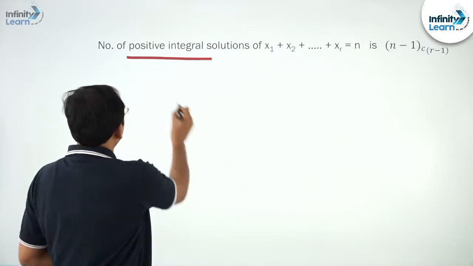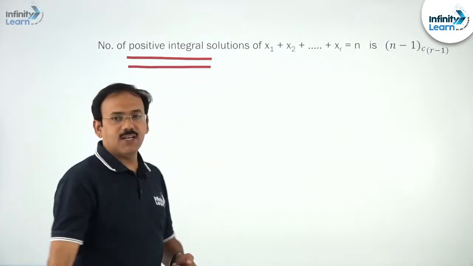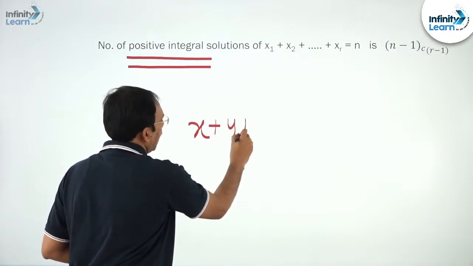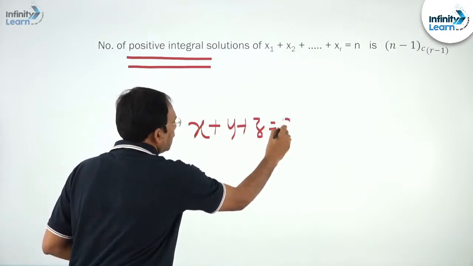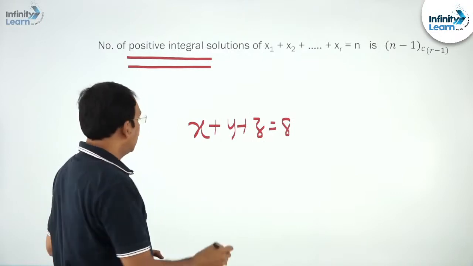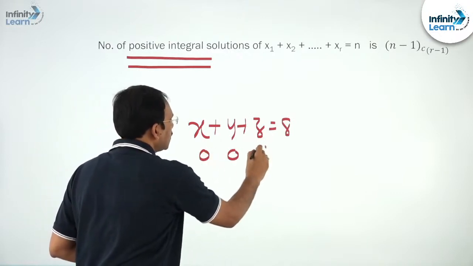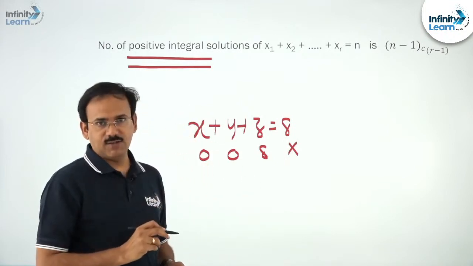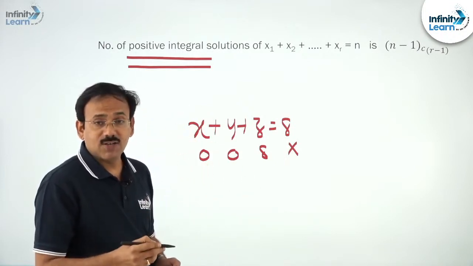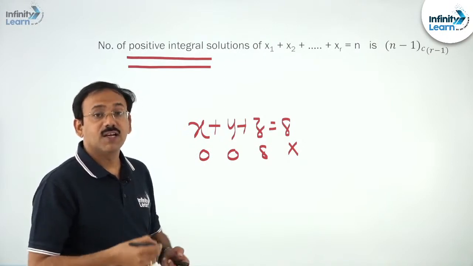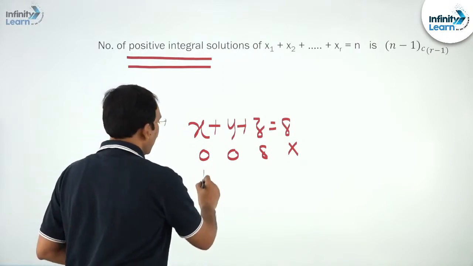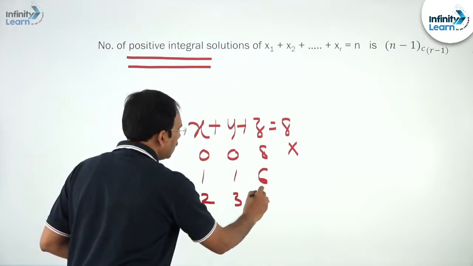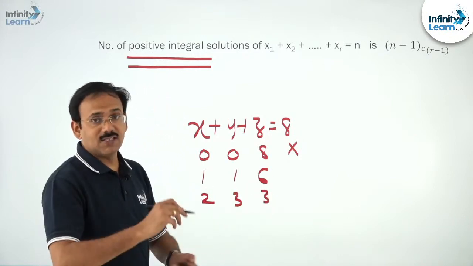Whereas if you are talking about the number of positive integral solutions of x plus y plus z is equal to 8, here the solution 0, 0, 8 is not admissible because we want positive integral solutions. So x must be a natural number, and y, z also greater than or equal to 1. So 1, 1, 6 is okay, 2, 3, 3 is okay, like that. So that is the difference.